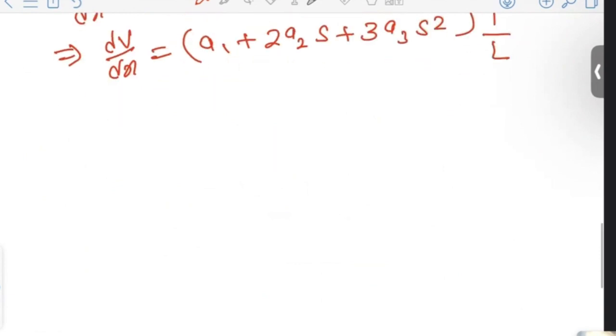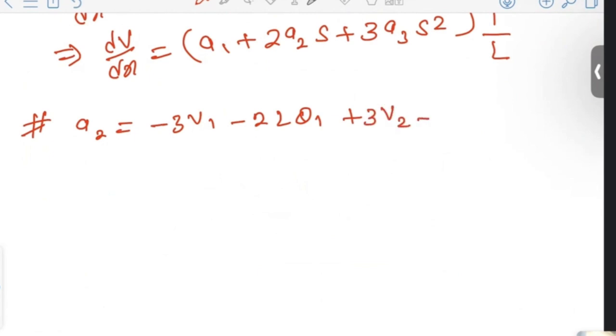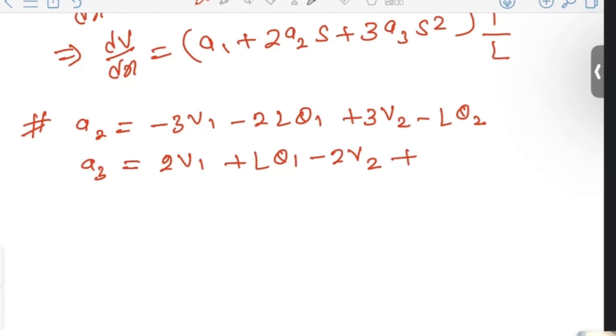A2 should be equal to minus 3b1 minus 2L theta 1 plus 3b2 minus L theta 2, and A3 will be 2b1 plus L theta 1 minus 2b2 plus L theta 2.